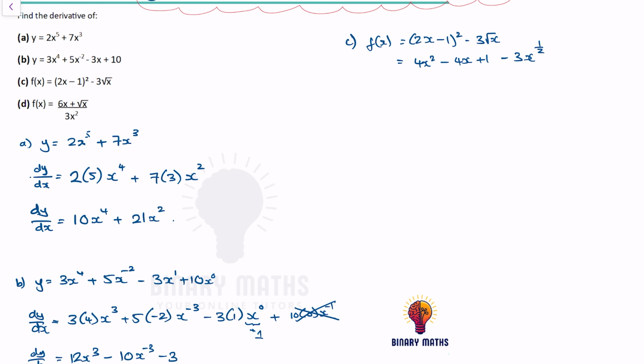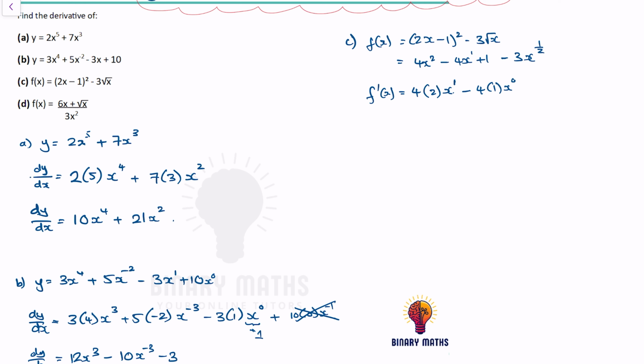Now that I've got it all in index form, I need to find the derivative, which is f dash of x in this case. So it would be 4 times 2, because the 2 drops down, x to the power of 2 decreased by 1, so it becomes 1, minus 4, there's an invisible 1 there, 4 times 1, x to the power of 0, by decreasing the power by 1.